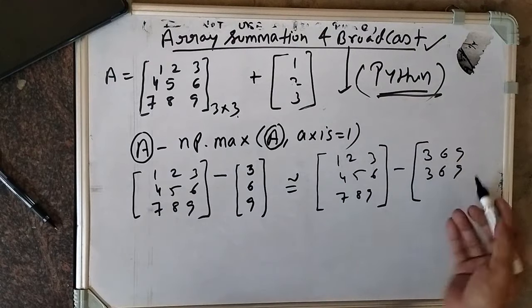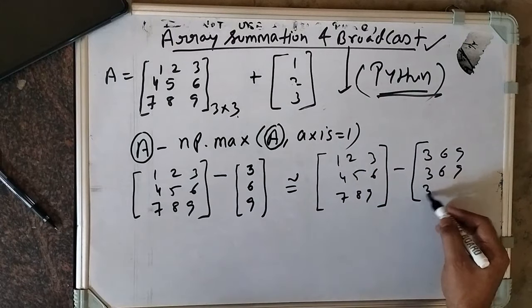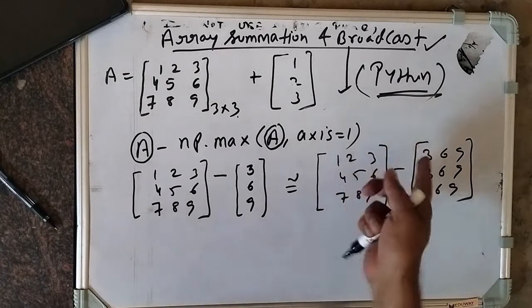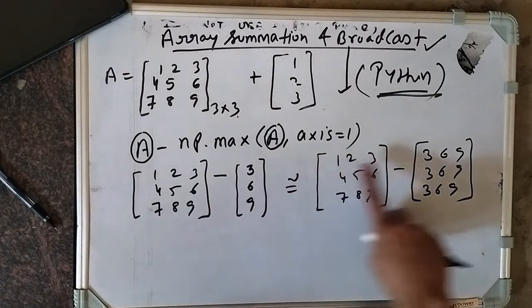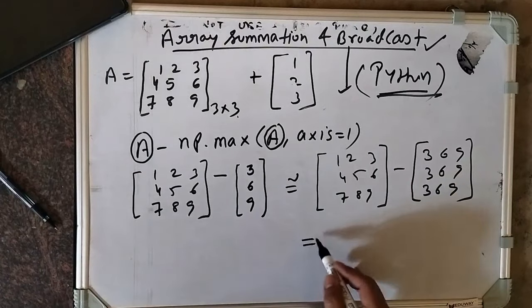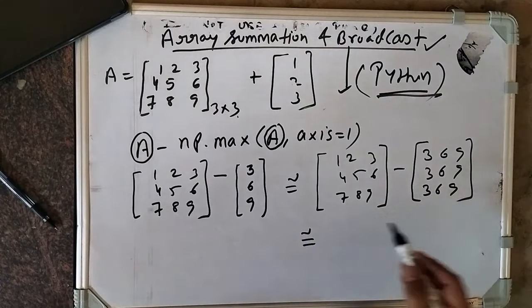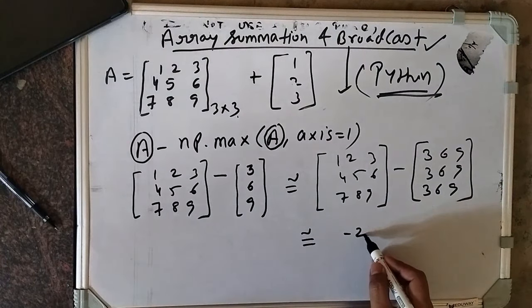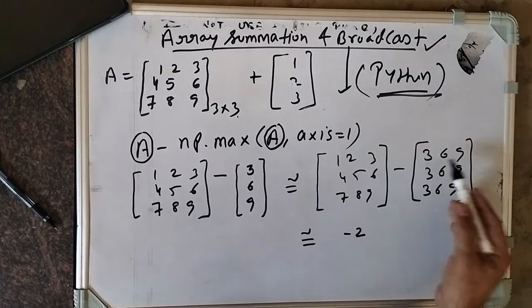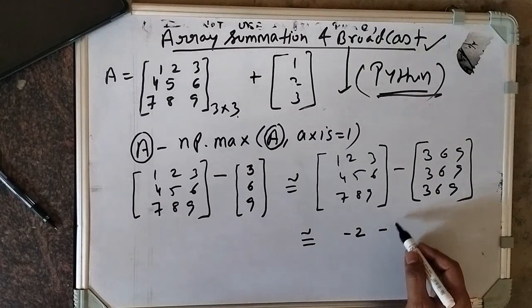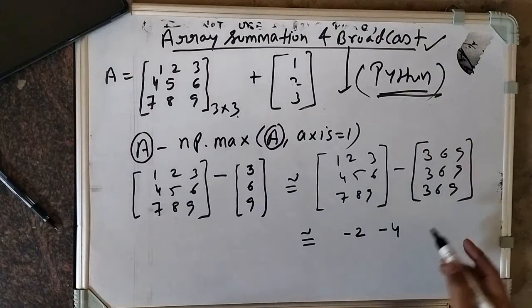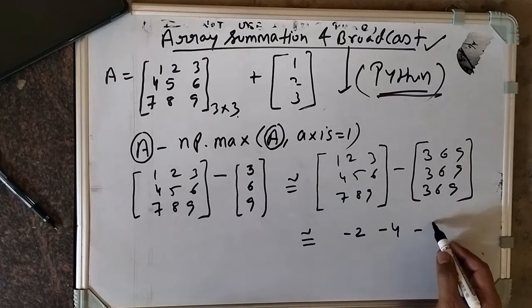If you see the old method, it will take this one. Axis equal to 1 means a column. So it will work like that. And if you check the answer, your answer will be wrong, because 1 minus 3 is equal to minus 2, 2 minus 6 is equal to minus 4, and 3 minus 9 is equal to minus 6.